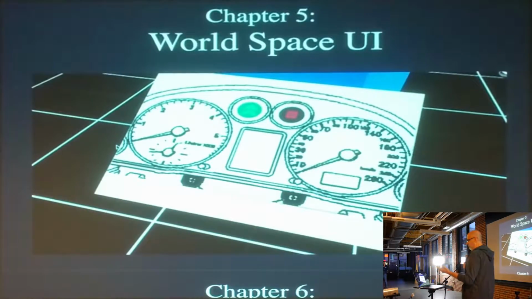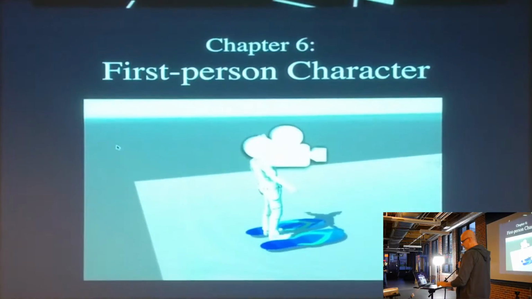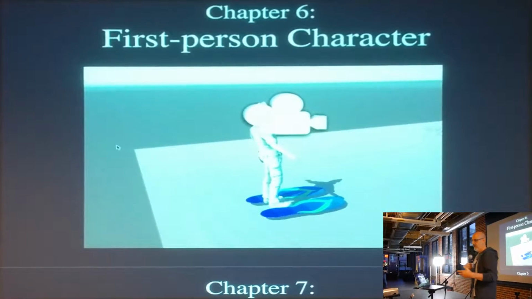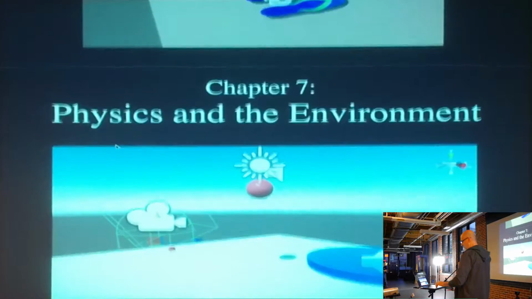Then we get into world space UI techniques and go through about a dozen different things, from the heads-up display to in-game objects that work as controls, and then jump into first-person character and sense of self, and how VR differs from other applications because of that first-person experience.